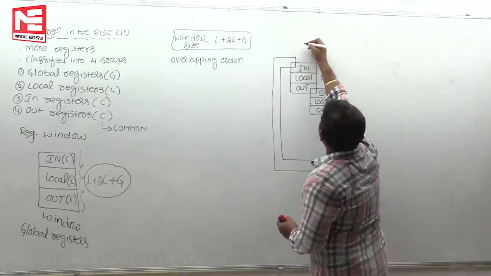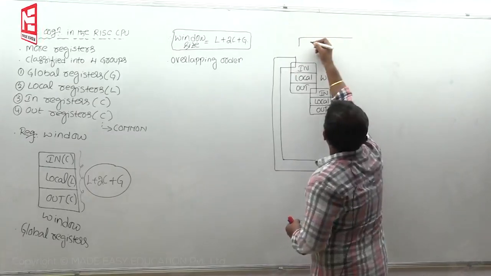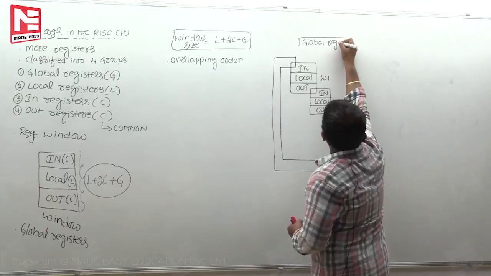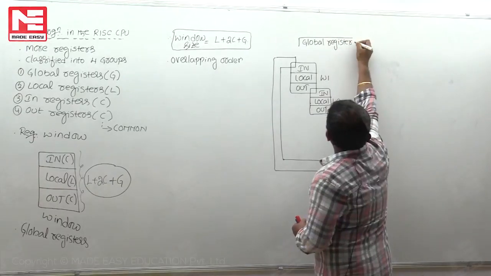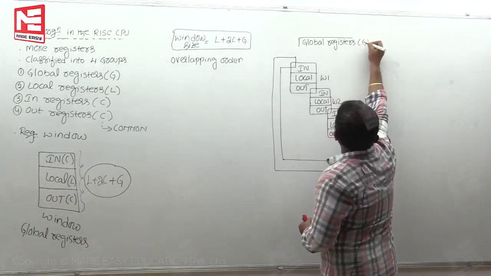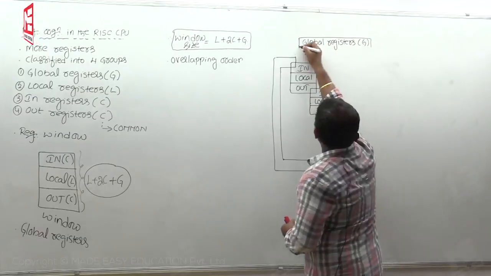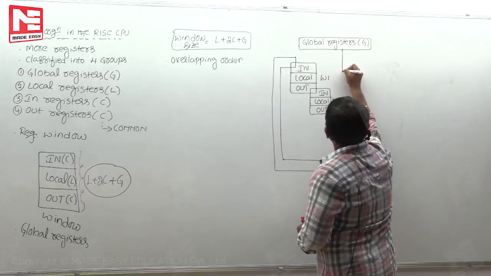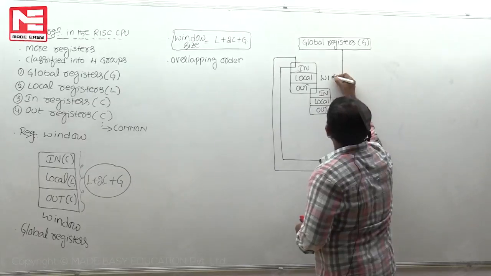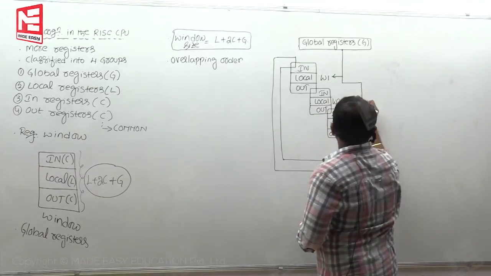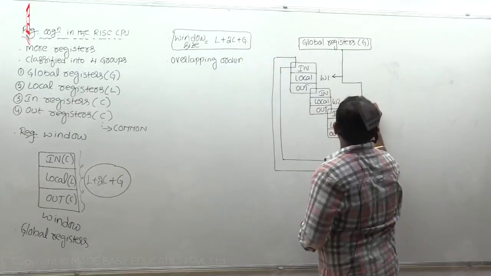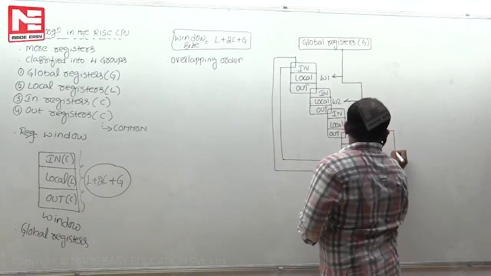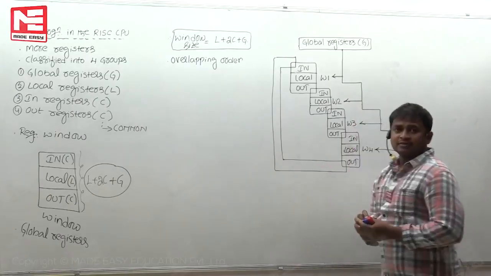And next, apart from these registers, what do we have on the top? Global registers, denoted as G. These global registers are accessible by all the windows like this. W1 using, W2 using, W3 using, and also W4 using. See this?